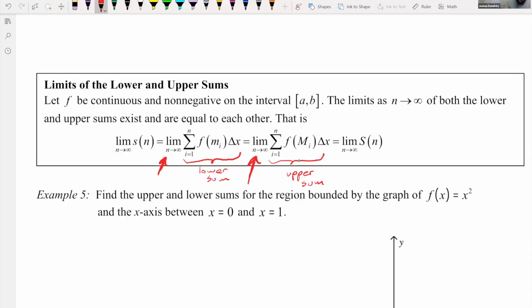These two limits are equal to each other. And that is the area under the curve that we're trying to find. So this goes into a lot more detail in more advanced calculus classes, but that's the idea of what we're doing here to find the area under the curve. And we're going to go through and do that entire process with example 5.